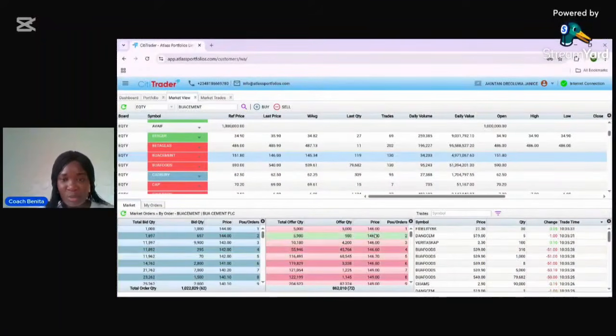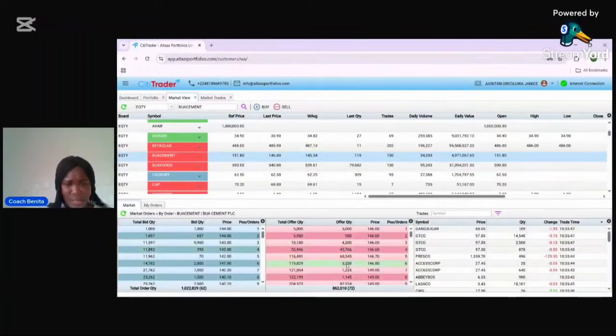So we can see that while these ones want to sell at 146, these ones are saying they want to buy at 154, of which the current market price is 151 naira. So everything is even below the current market price. So how do you place a bid? How do you know how much to buy? If you look at this now, 862,000, 1 million plus.